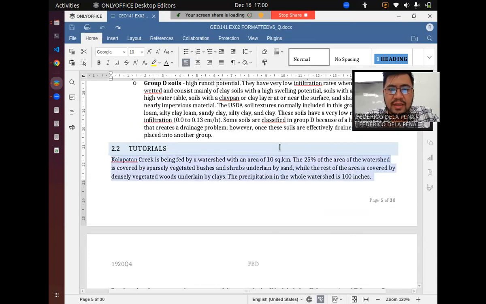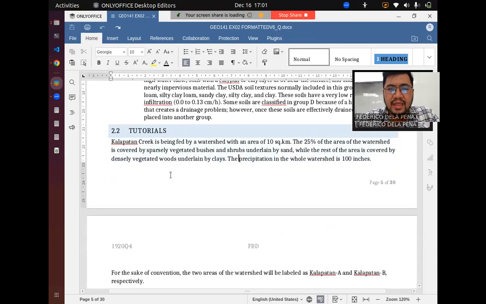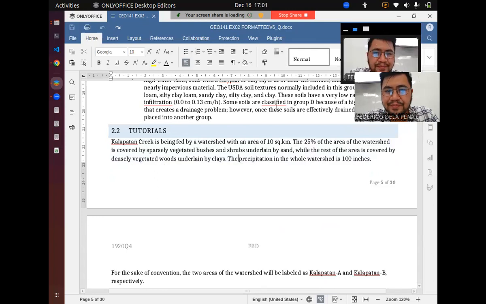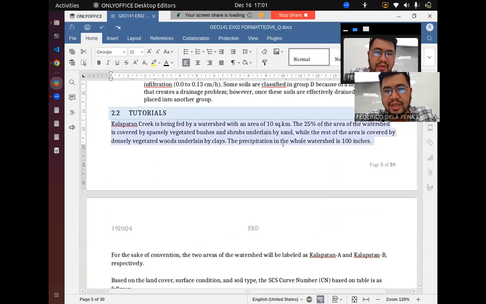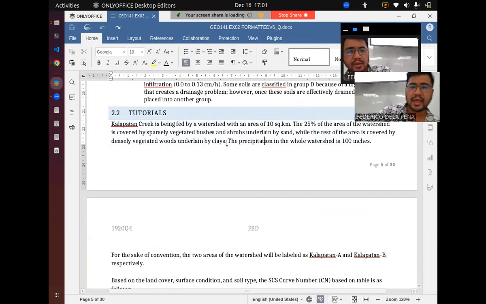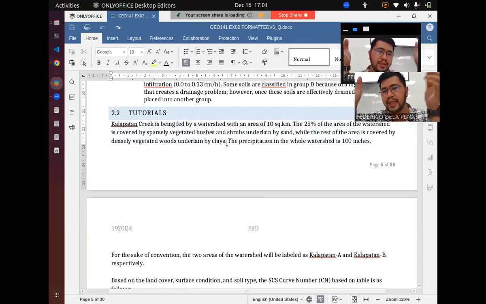All right, for the tutorial, you have a creek, and you're interested in knowing how much runoff the creek will get from its watershed given a precipitation. Your watershed has an area of 10 square kilometers.